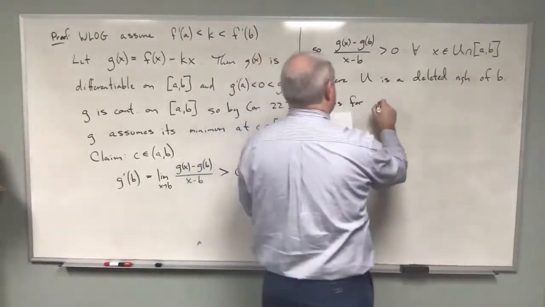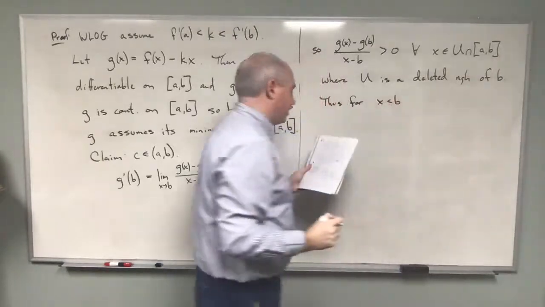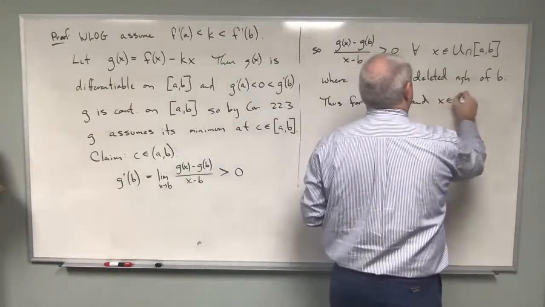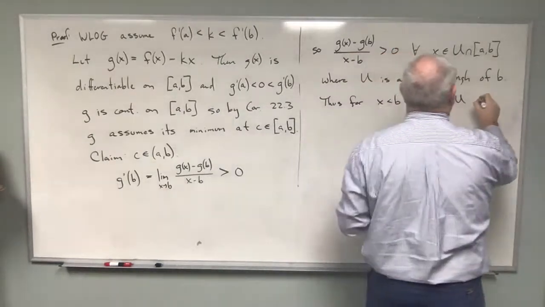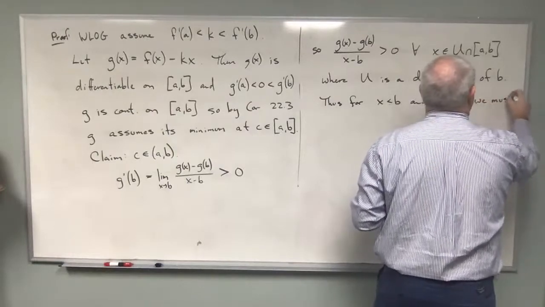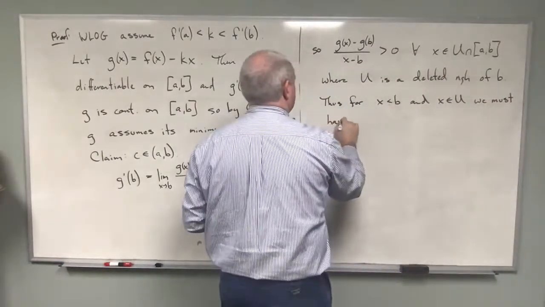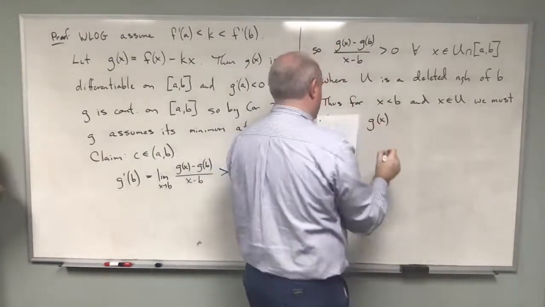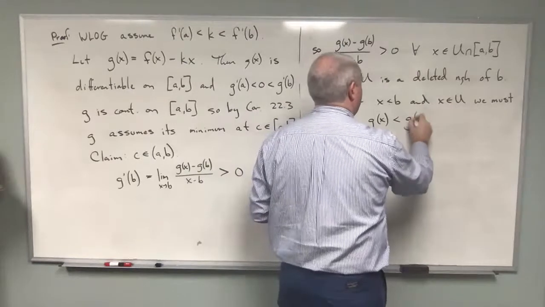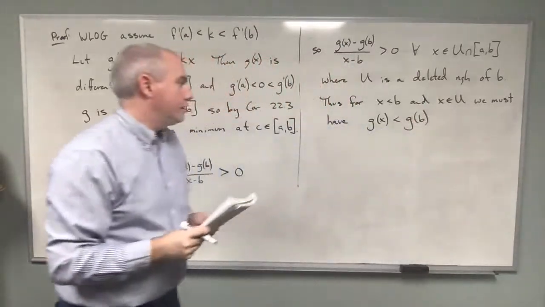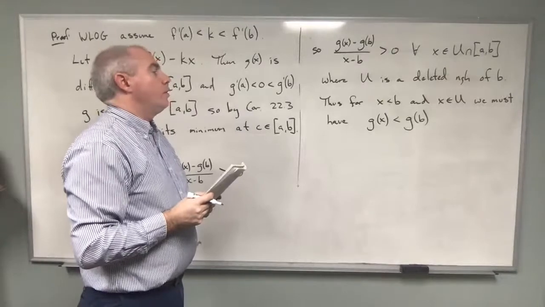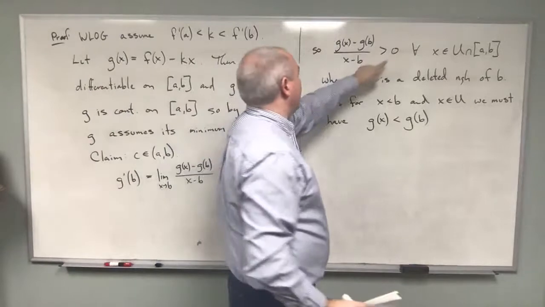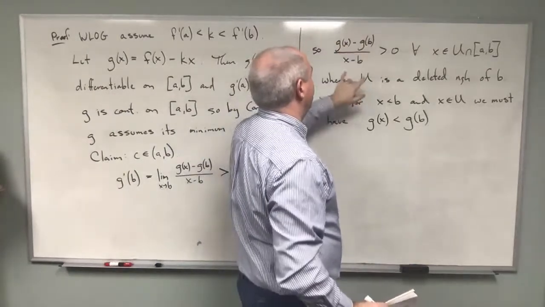Thus, for x's that are less than B, or to the left of B if you like, and x inside of U, we must have that G of x is less than G of B. Why? Well, come over here again, right here. We know that this thing's positive.